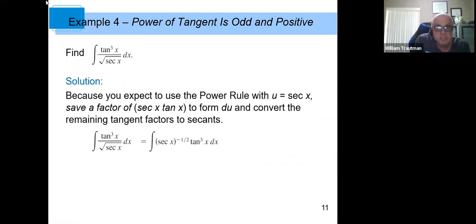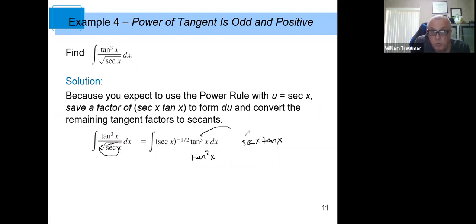And once again, they bring this 1/2 up to a negative 1/2. Our tangent is odd, so what they're going to do is take one of these tangents out. So we're left with tangent squared x because we took one out. And they need to take a secant out also.